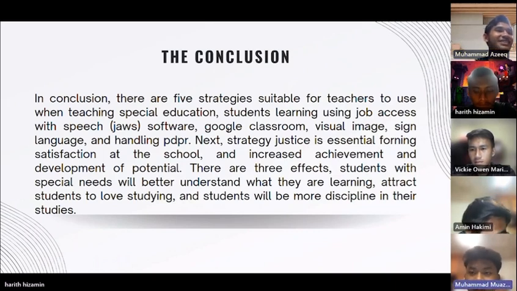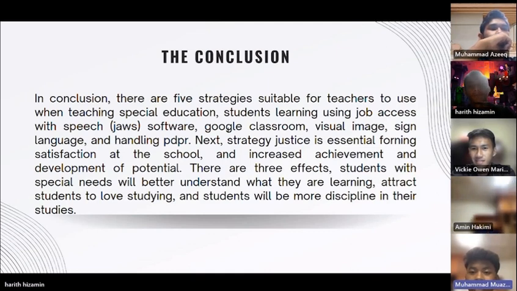Thank you, Muhammad Aziz. The last one, but not least, in conclusion, there are 5 strategies suitable for teachers to use when teaching special education: student learning using Job Access with Speech software, Google Classroom, visual image, sign language, and handling PDPR.